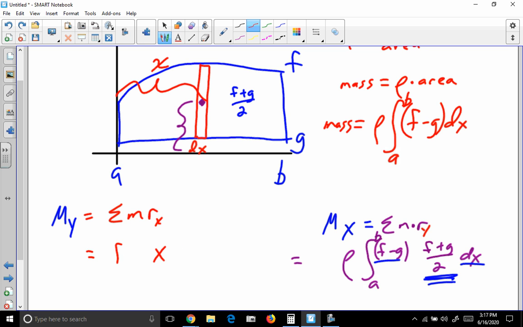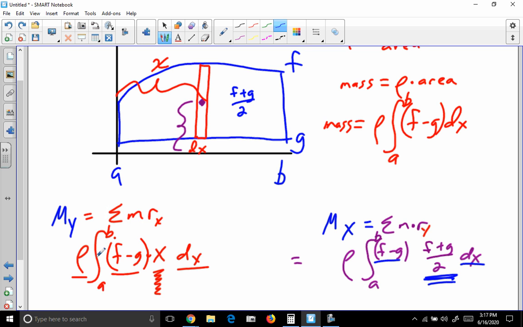The mass is still f minus g dx, integrated from A to B, times rho. So this part and that part is the mass. This part is the moment arm. All of those together give us the moment from the y-axis.